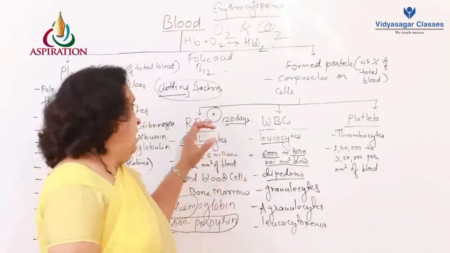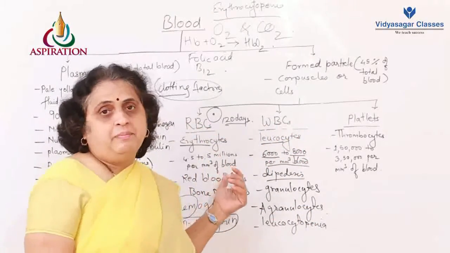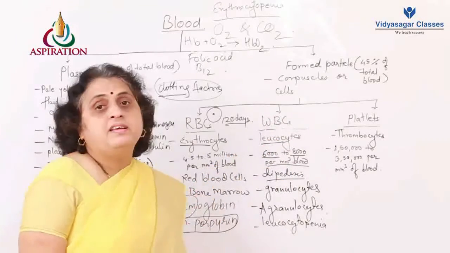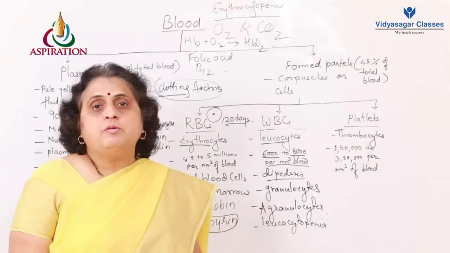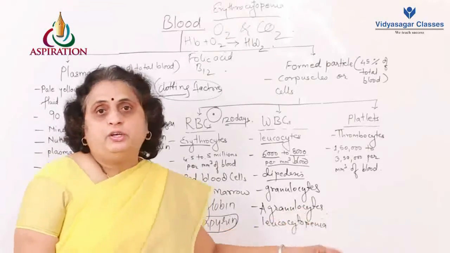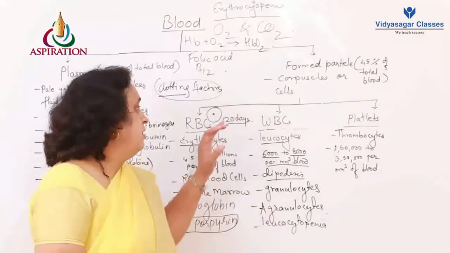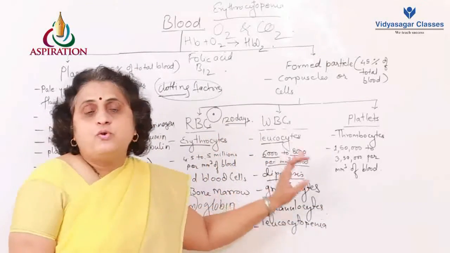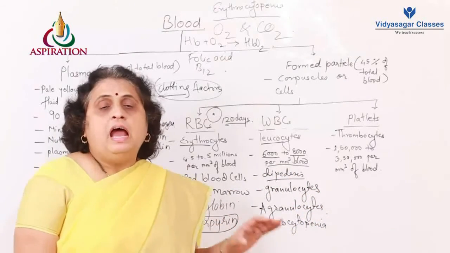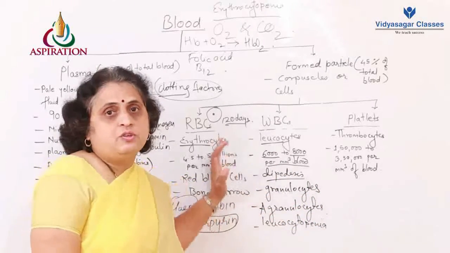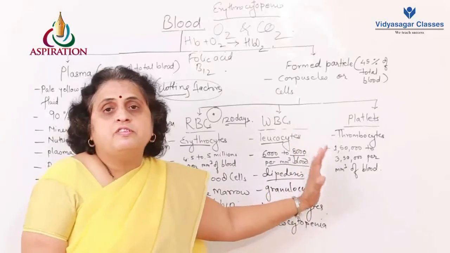But just like abnormal rise in the RBC, we also have abnormal rise in the WBC. The abnormal rise in the WBC is called leukocytosis. So we have erythrocytosis and leukocytosis, both terms used for abnormal rise in erythrocytes and leukocytes respectively.